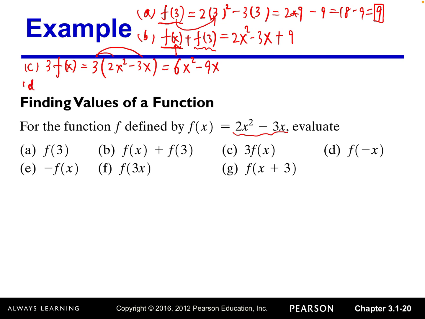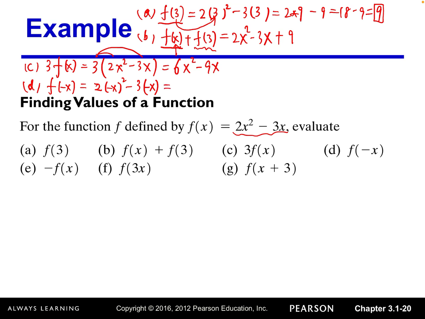D, we want to evaluate f of negative x. This time we replace x by negative x. So I do the same thing: 2x squared, I leave x as blank, minus 3x, and then replace x by negative x.